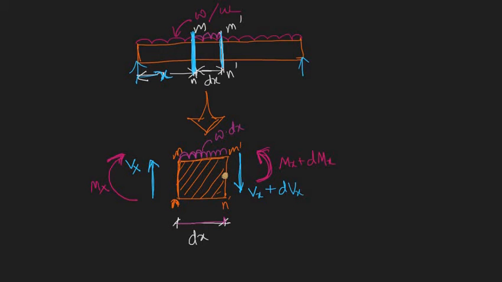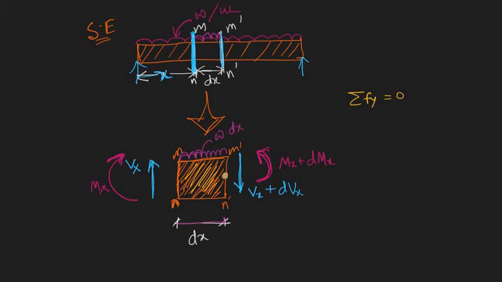Now this whole beam, this whole system, is in static equilibrium. So of course this part is also in static equilibrium. So there is no vertical movement, so the net force acting in the vertical direction is 0. And also there is no resultant moment or rotation of this element.